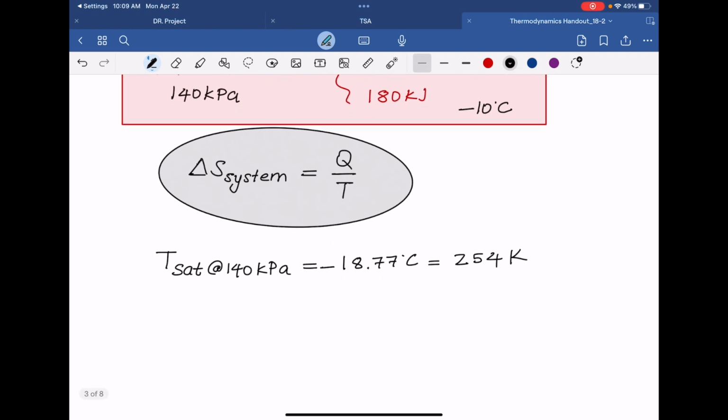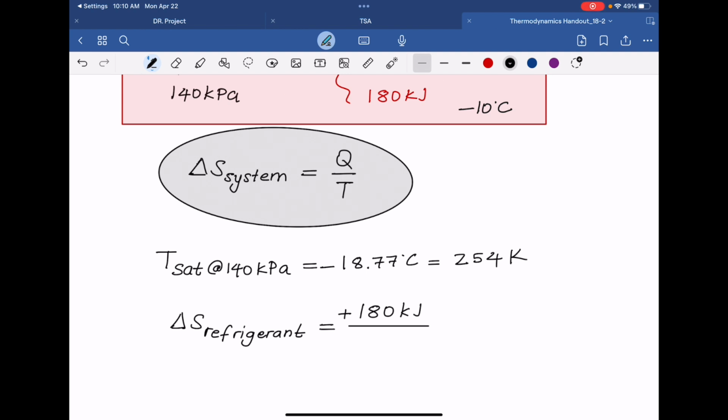Now, if I want to find the change in the entropy of the refrigerant, if we call it our system, you can also give it a different name so that you don't get confused. So entropy change of the refrigerant in this case is Q over T. This amount of heat is getting in. That's why the entropy change is positive, because remember that if heat gets into a system, it carries entropy with it.